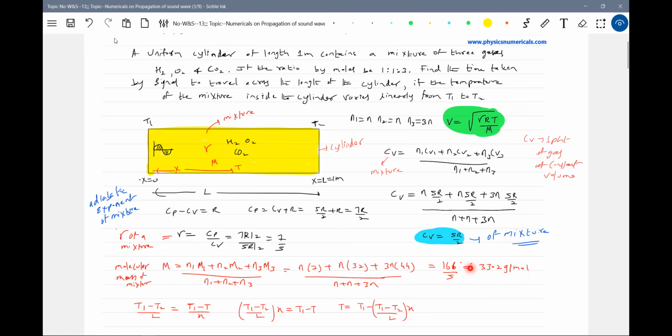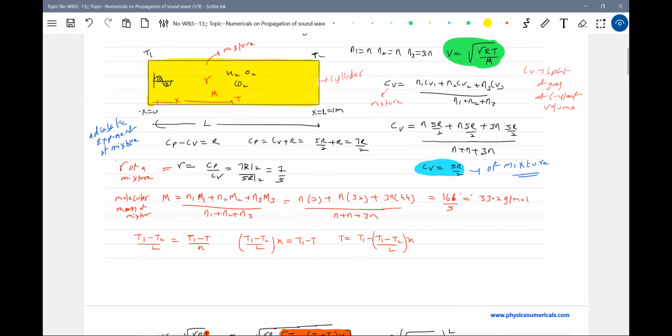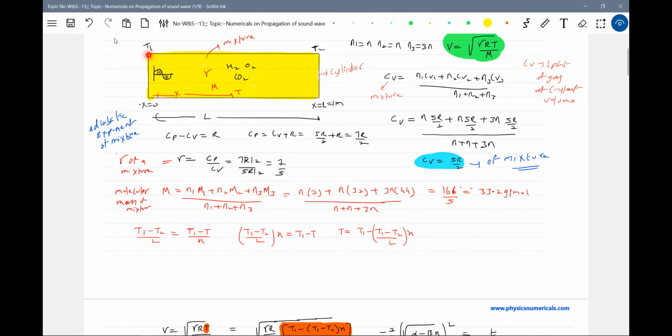Now, what is the condition given? The temperature of the mixture inside the cylinder varies linearly from T1 to T2, meaning at one end the temperature will be T1, at the other end T2. If you want, you can take help of a graph also.